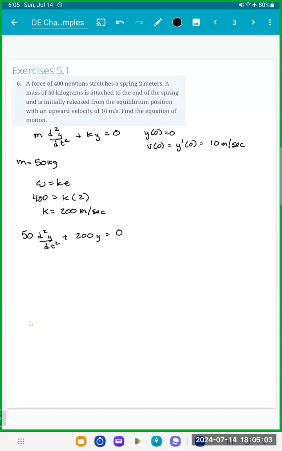And again, remembering what I wrote up here, we have y of 0 equal to 0, and y prime of 0 is the same as 10 meters per second.